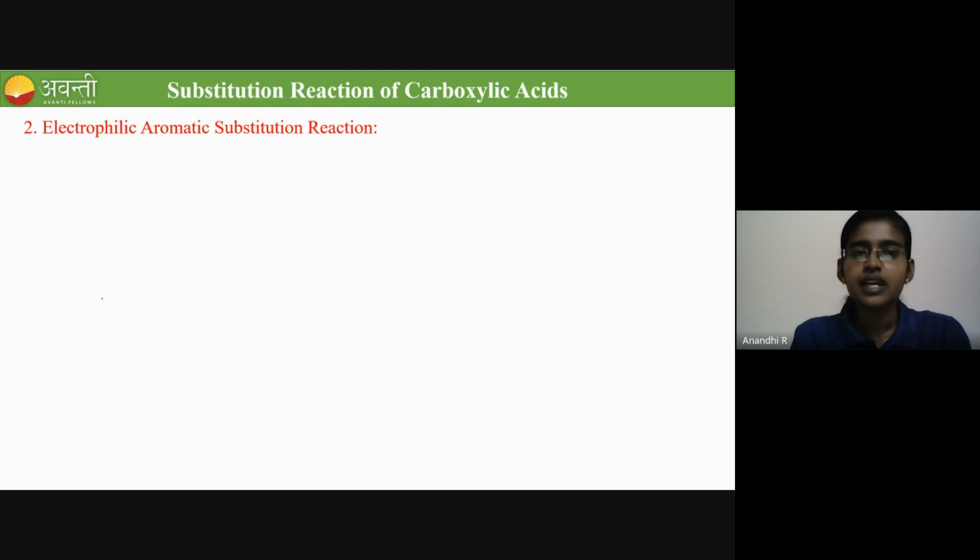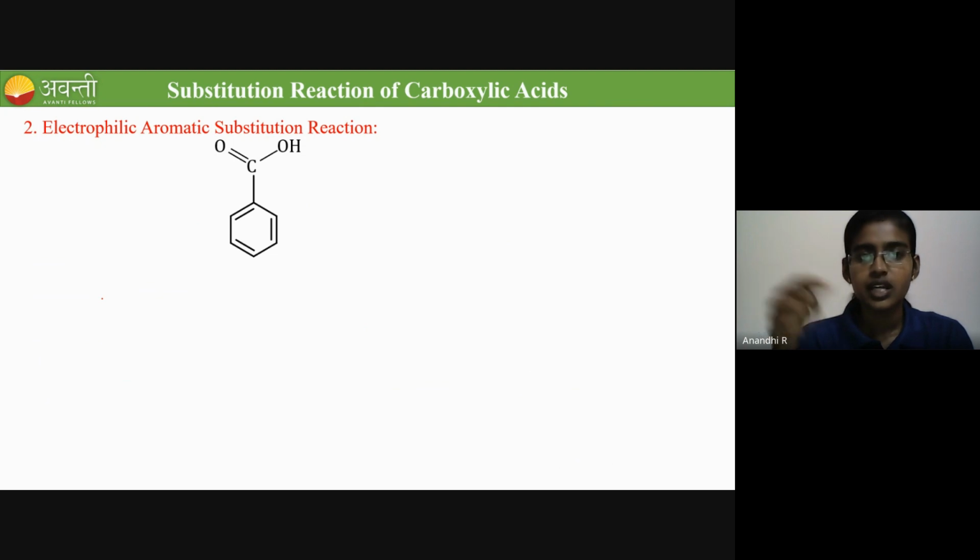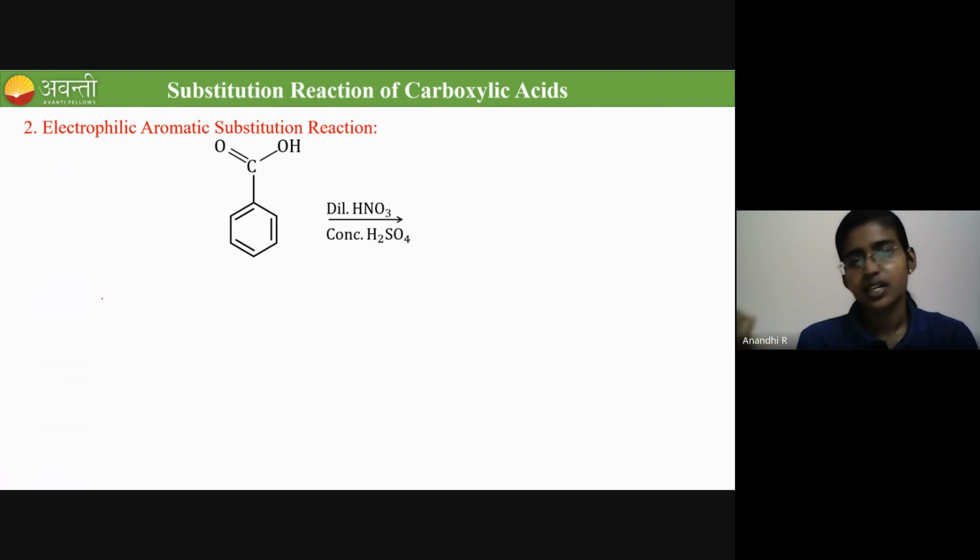The second reaction under substitution is electrophilic aromatic substitution. The first is HVZ and the second is electrophilic aromatic substitution reaction. This reaction is there in all the organic chemistry parts. In aldehydes also we have discussed this. We are taking a carboxylic acid containing aromatic compound, which is benzoic acid. Benzoic acid on treatment with dilute HNO3 and concentrated H2SO4.